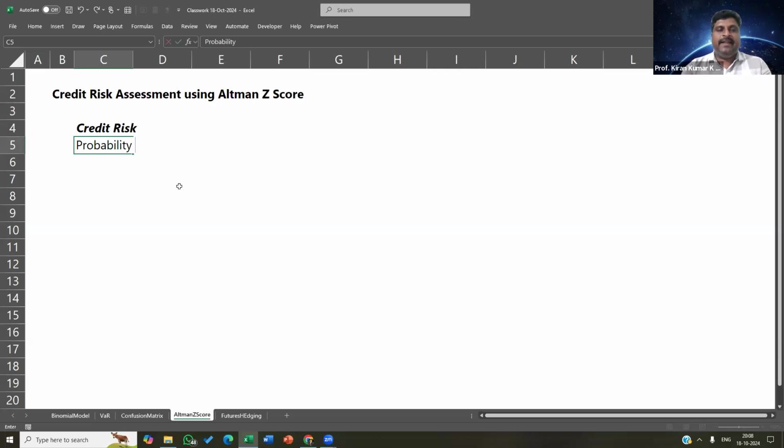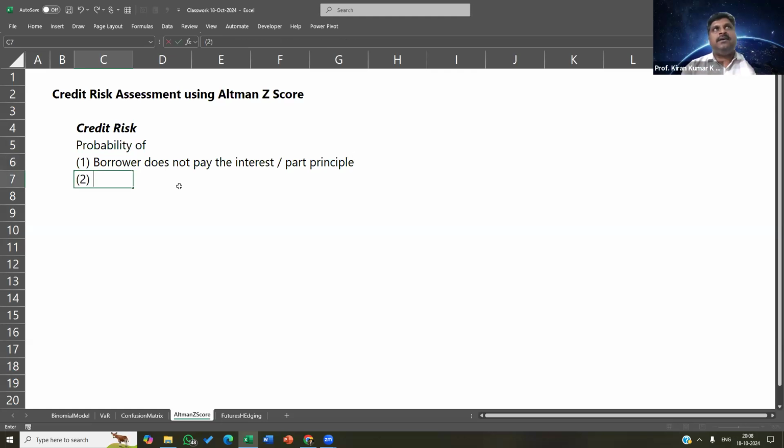It's a probability of a few things. It is the probability that the borrower does not pay the interest or the part principal or full principal.